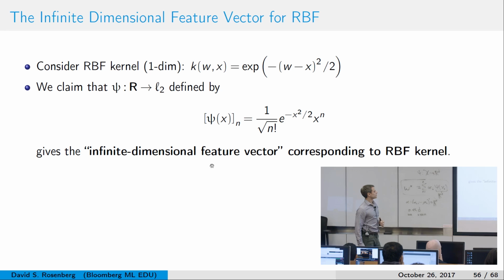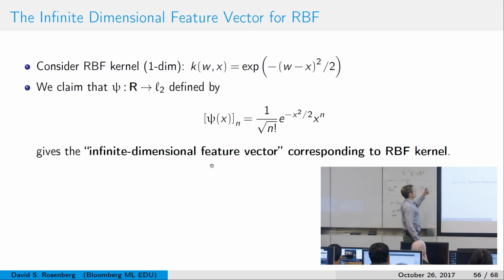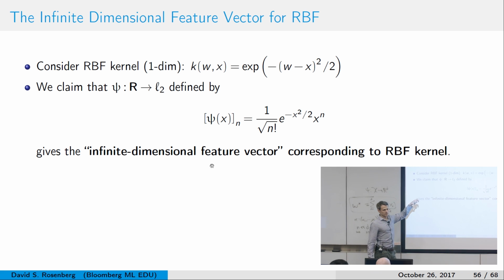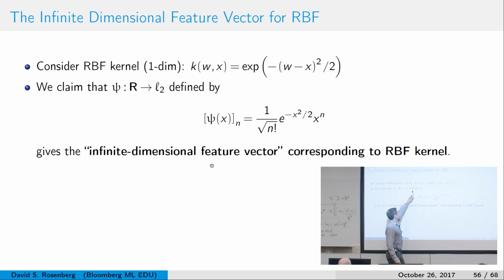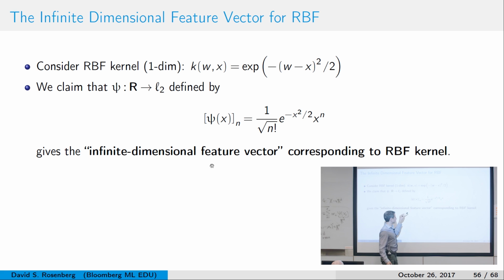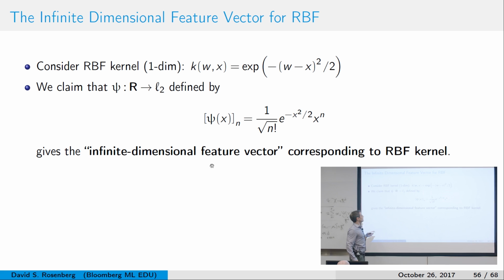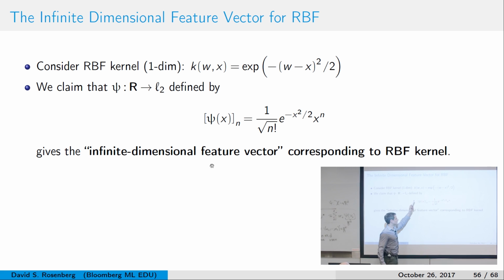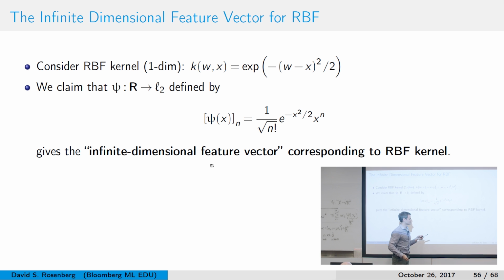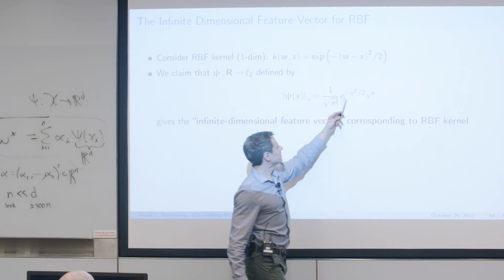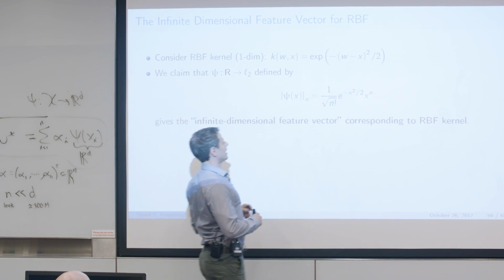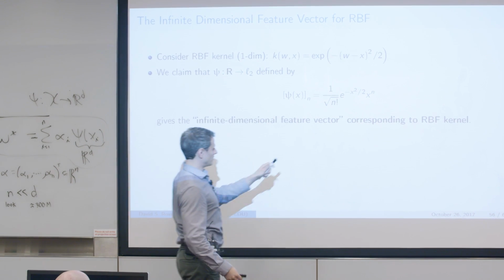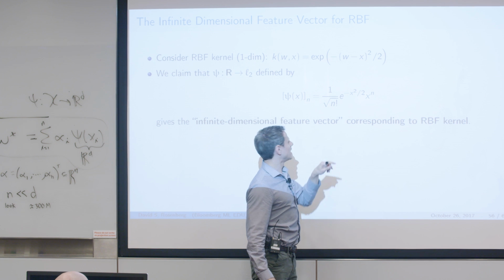Okay. So the RBF kernel, I've written it in one dimension for simplicity here, just like we had on the slides with the kernel basis functions. So here's the claim, that the feature vector that would give rise to this kernel in one dimension has this form. It has the exponential, as you expected. So it's e to the negative x squared over 2, and that piece is constant.